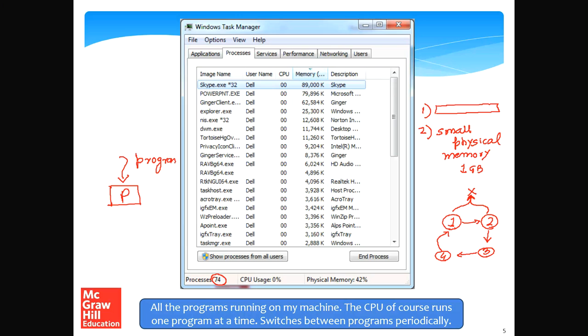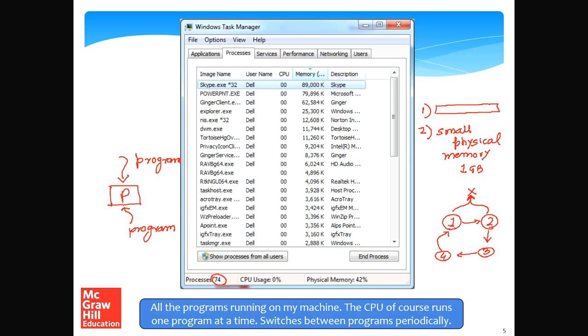So the only way of running multiple programs is that it runs one program, and after some time, it again switches and it runs one more program, right? So it sort of switches between the multiple programs.